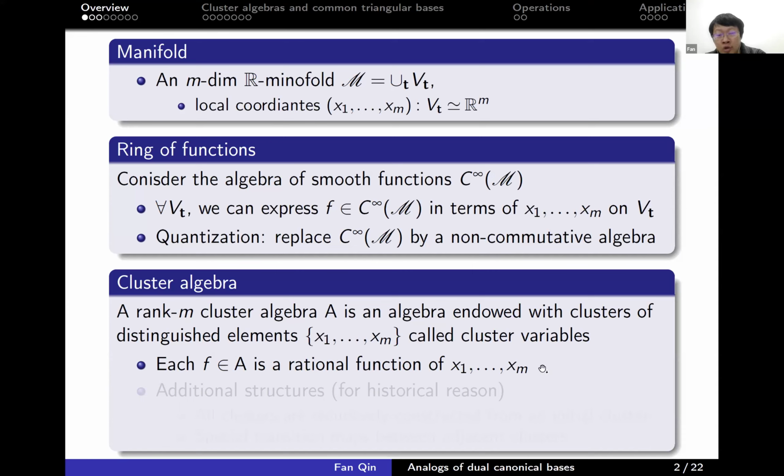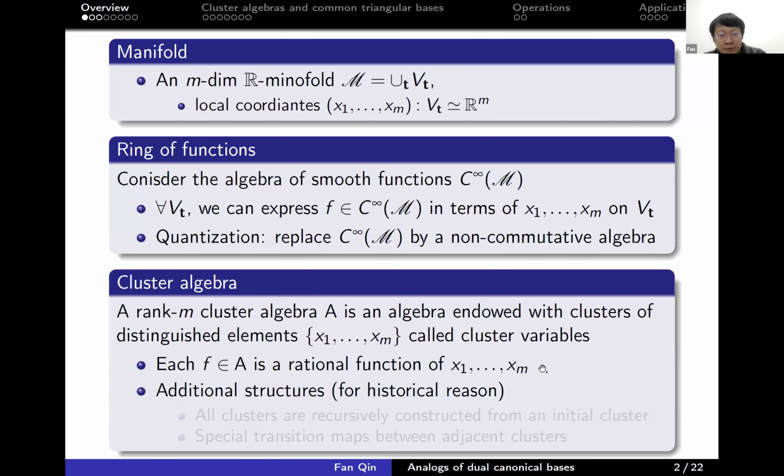Because we are working with algebra, or say algebraic geometry, instead of considering smooth functions, we consider rational functions and polynomials. And for historical reasons, when we define a cluster algebra, we usually require more structure than what we have seen above. First of all, we require that all clusters, or say all neighborhoods, can be constructed from an initial one. Namely, if you start with only one cluster, then there is an algorithm that tells you how to obtain more clusters, and how you can glue them into a big algebra.